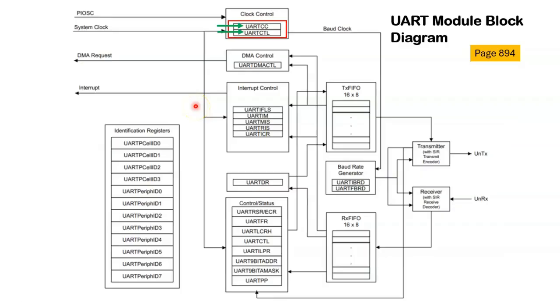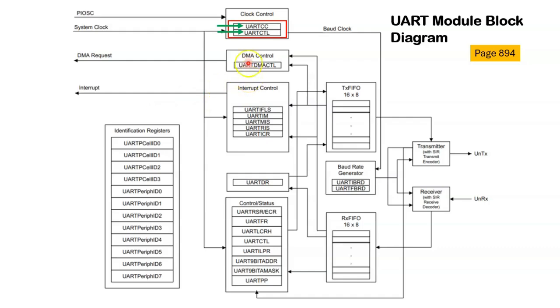Okay, let's take a look at the UART module block diagram. I've taken this block diagram from page 894 of the TM4C123GH6PM microcontroller datasheet. Now, here are some of the registers in the UART module that I'll be using in my program later.